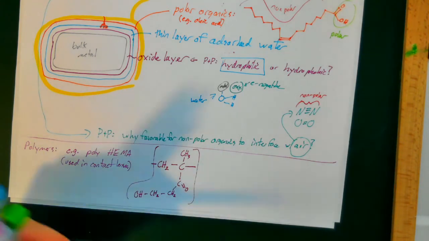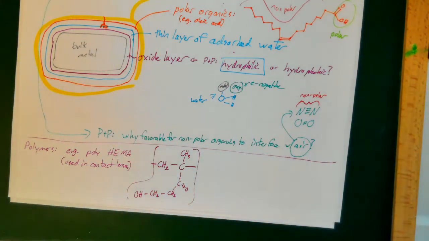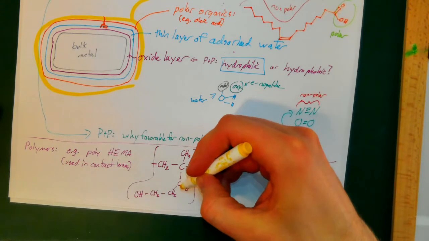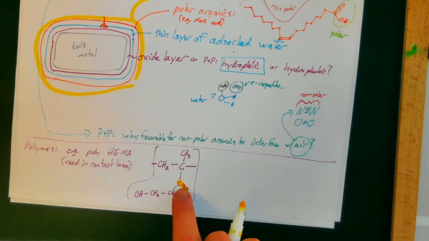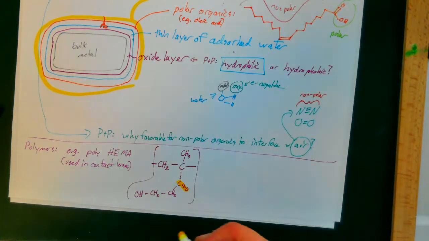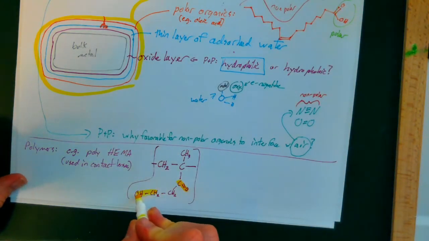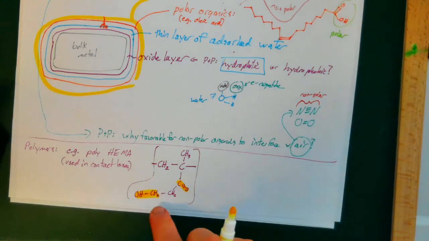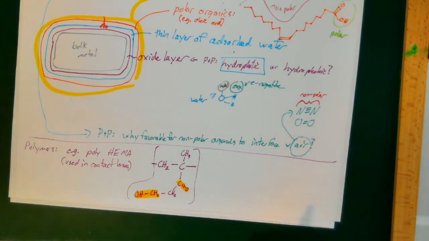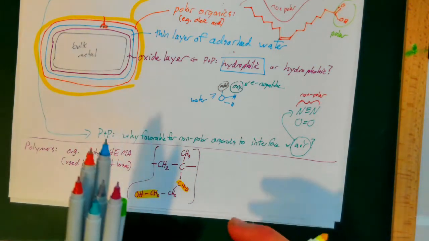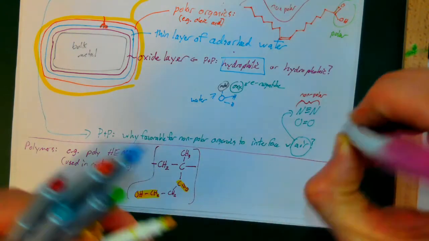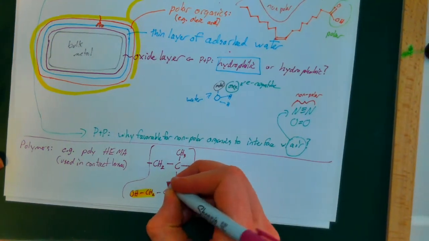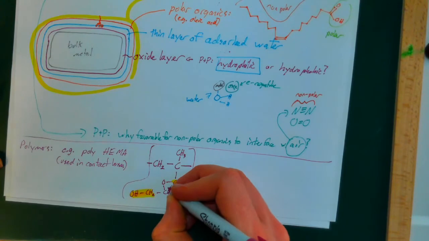So if I think about what parts of this polymer are polar, hopefully you've had a chance to think about it now. This carbon oxygen bond is going to be polar. And then this OH to a CH2, that part's going to be polar. Oh, sorry, I missed a part. Oh my God, I drew this molecule wrong. There's not a CH2. This C goes to an O, and then the O goes to a CH2. Sorry, there's not a bond right there.